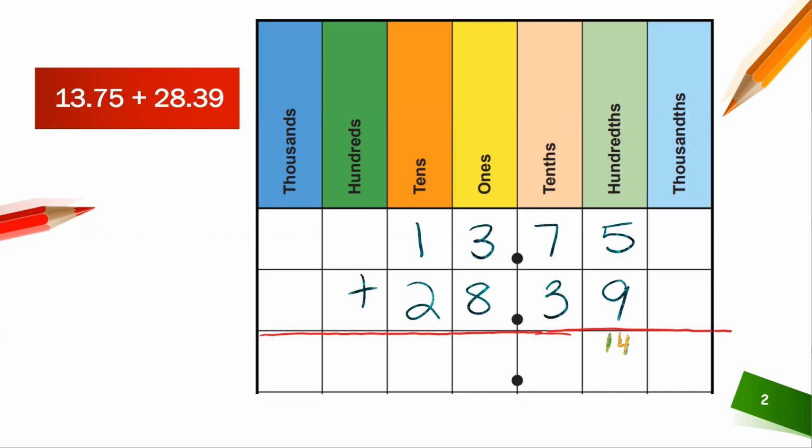But you know what happened when you have 1400 right there. It is going to take 10 to move to the next place value. So I cannot write 2 digits right there. I have to write 4 and 10/100 will move to the next place value and become 1/10.